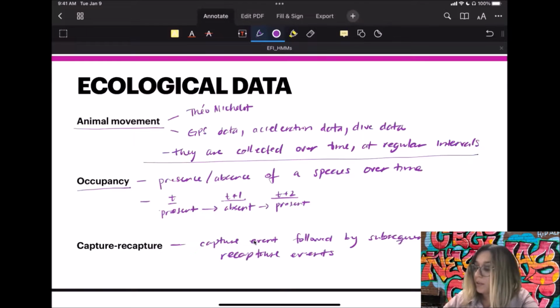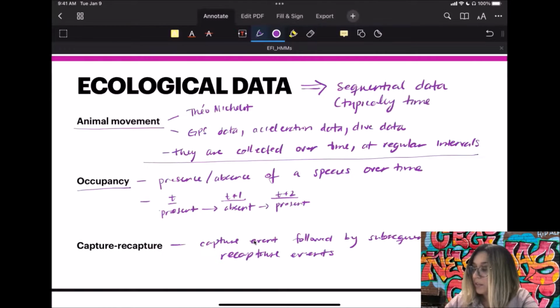So big picture, we're talking about sequential data. This is typically time series, but it doesn't always have to be. We're just trying to describe any phenomena that has a certain ordering in occurrence.